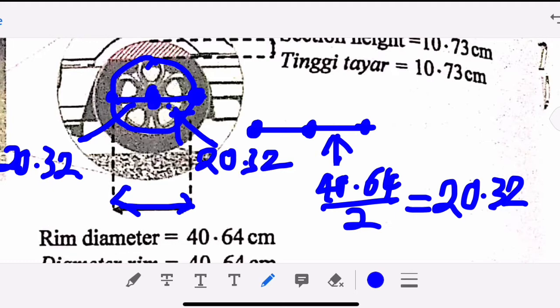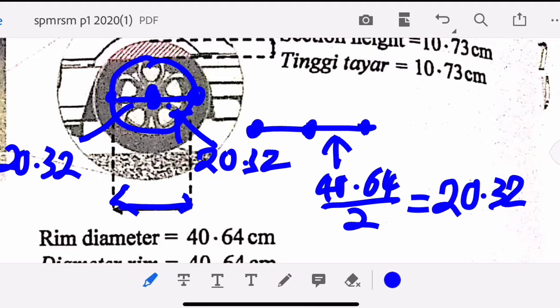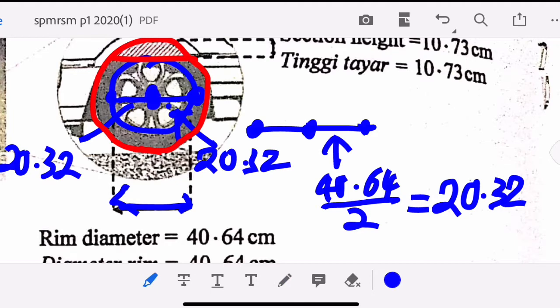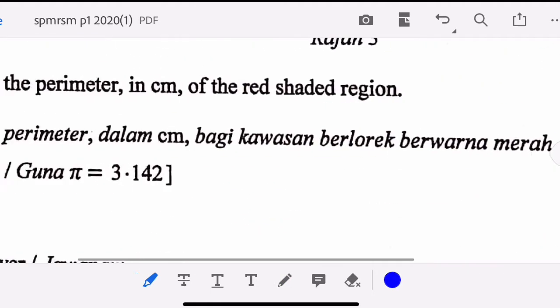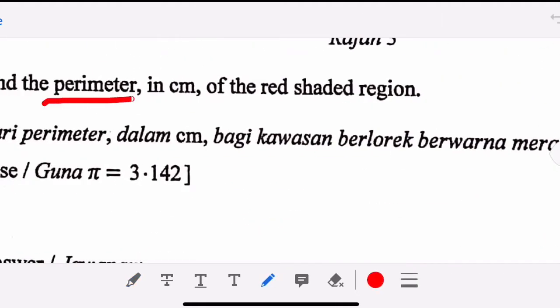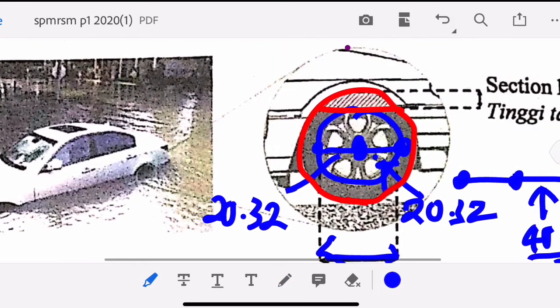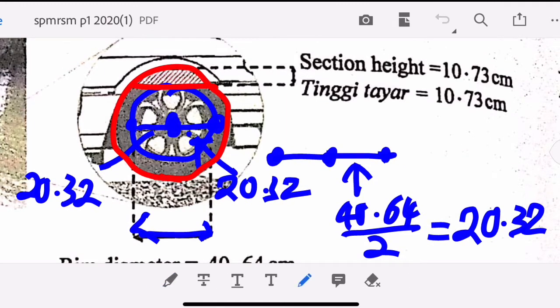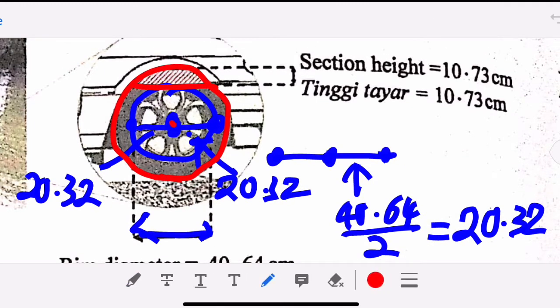Then what about the radius for the bigger circle? Because the question actually wants us to find the perimeter for the segment. So the question is asking to find the perimeter of the shaded region, which is the segment. So we need the radius for the bigger circle, which is these two.